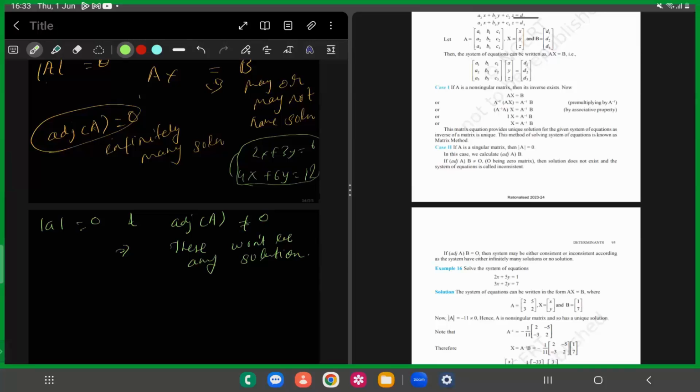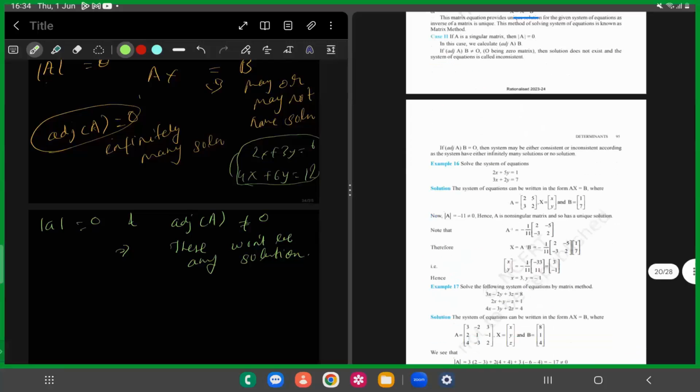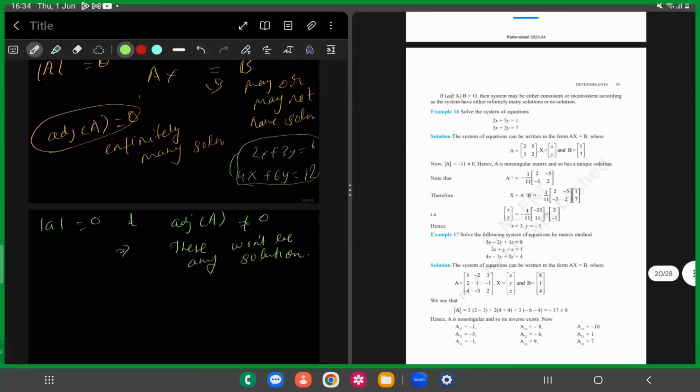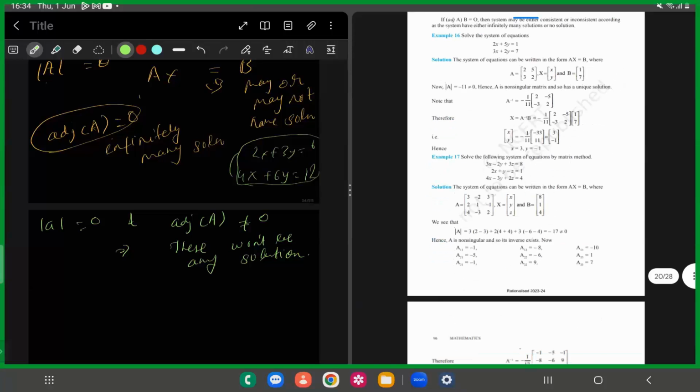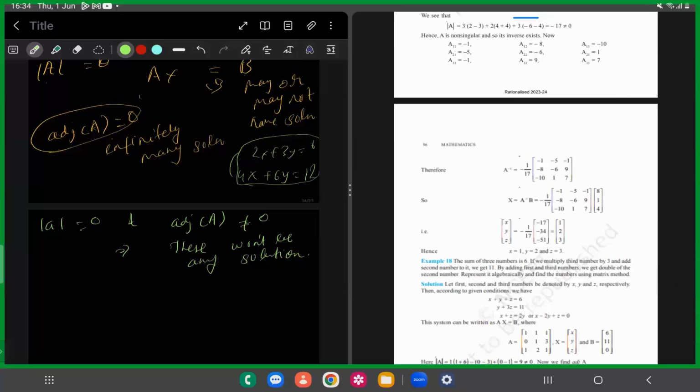You just have to verify these results at every step. Firstly, you need to verify whether the determinant is 0 or not. If the determinant is 0, then you move to the next step, which is verifying whether the adjoint of A is 0 or non-zero.